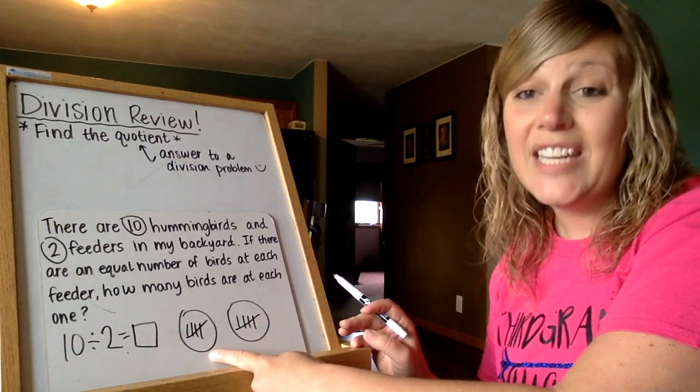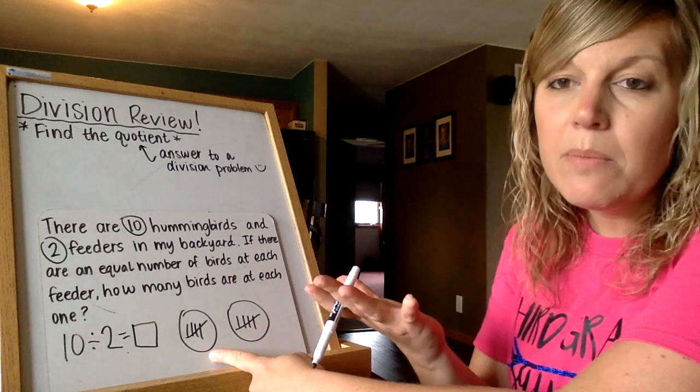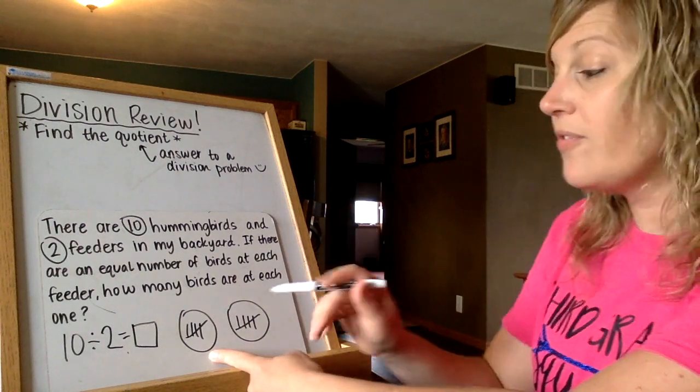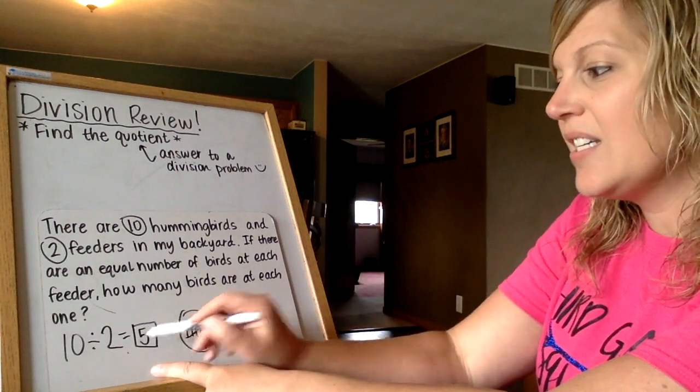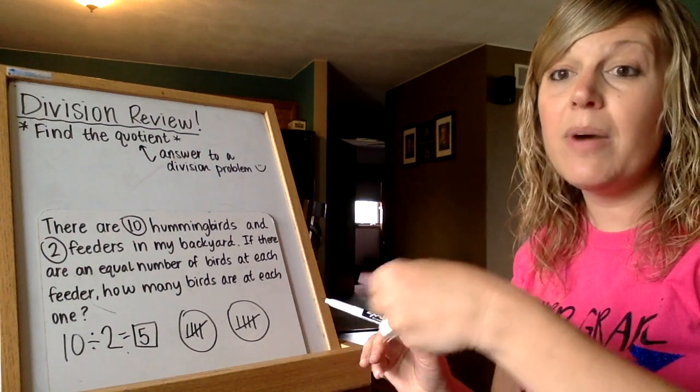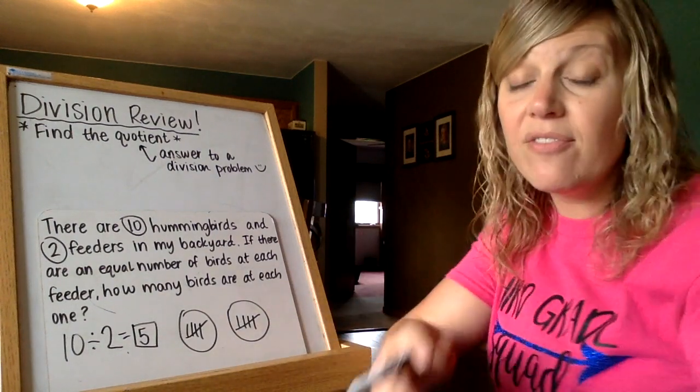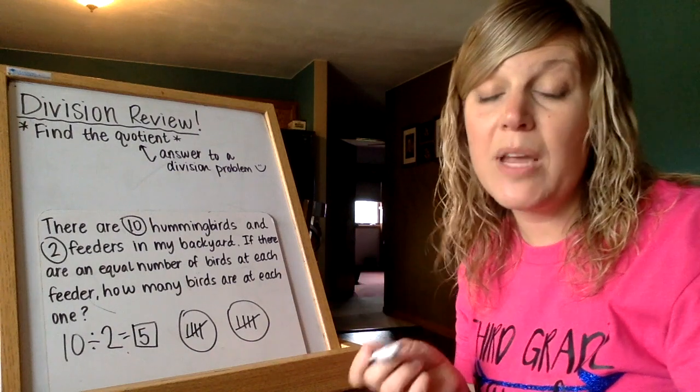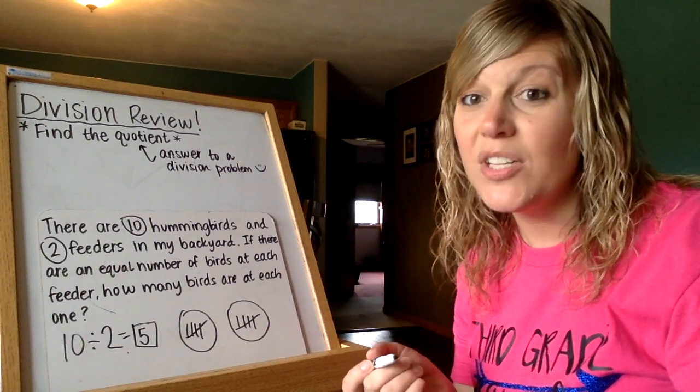So now I have to look at each feeder and figure out how many hummingbirds are there. And of course we know the answer is 5. So our quotient is 5. So 10 divided by 2 equals 5. And that is how you can use paper and a pencil to act out a division problem.